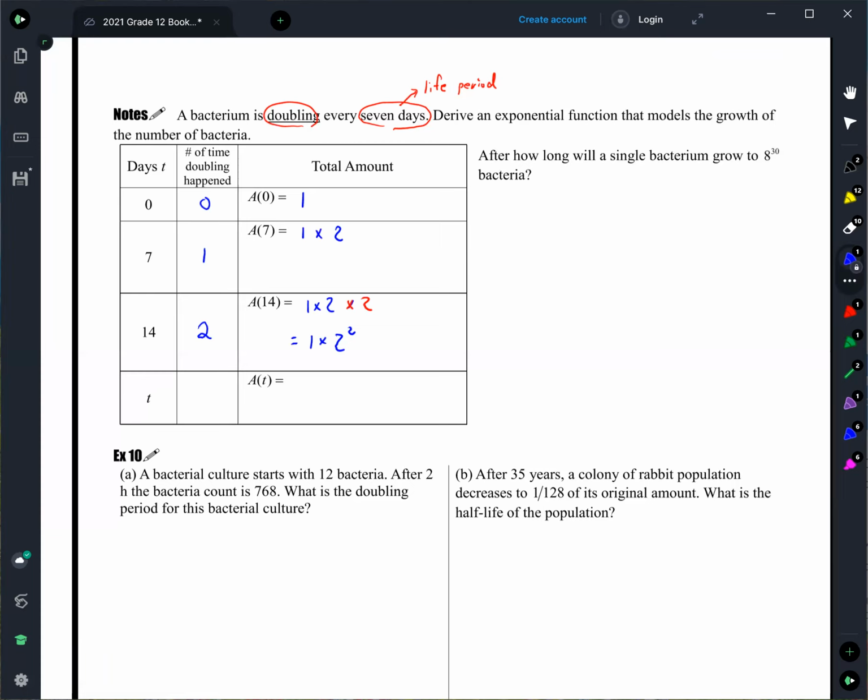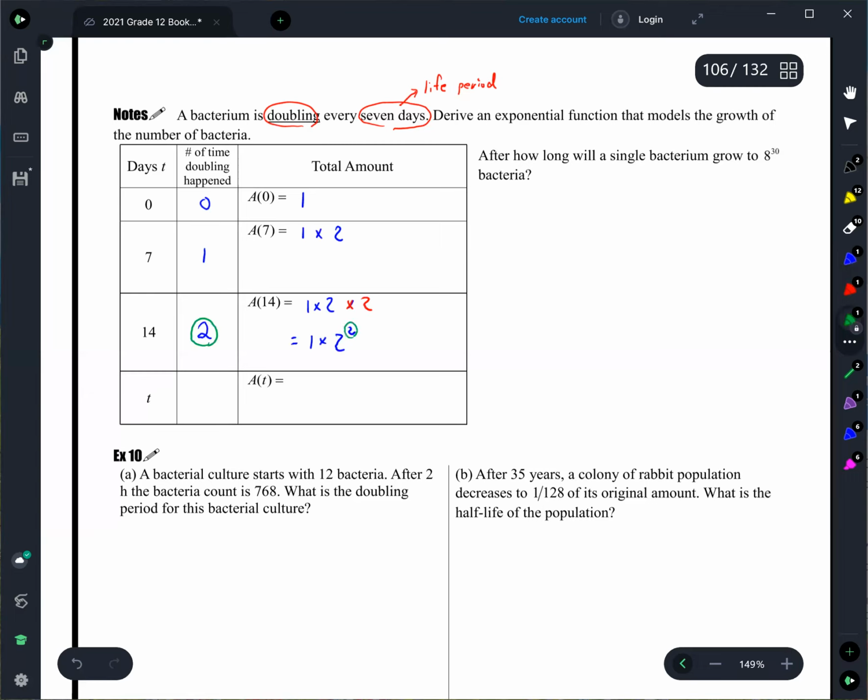If I do another one, 21 days, that's 3 weeks, then it will be 1 times 2 to the cube. Make sense? So this exponent depends on the number of times it doubled. If it's squared, that means doubled twice. If it's once, it'll be doubling only once.